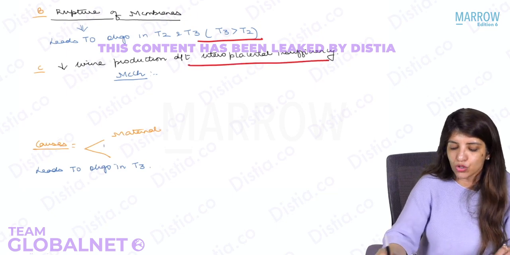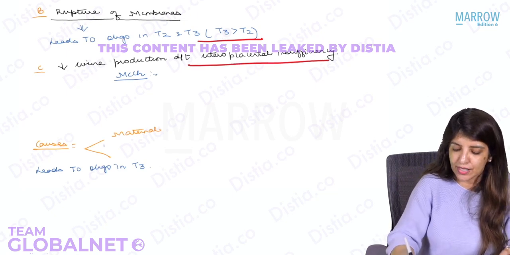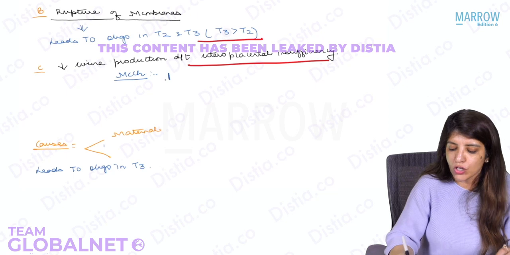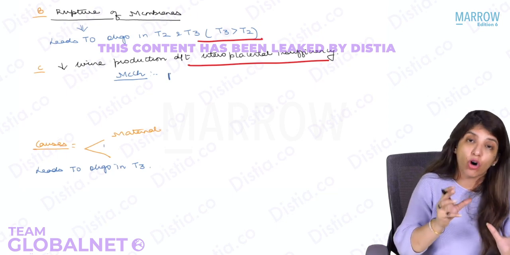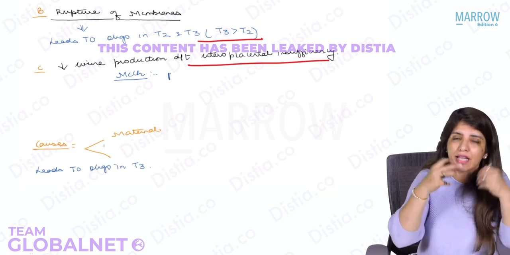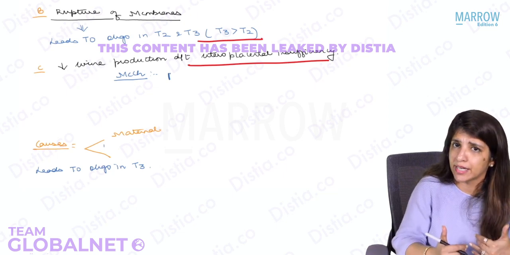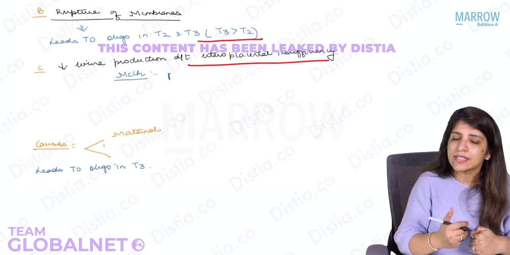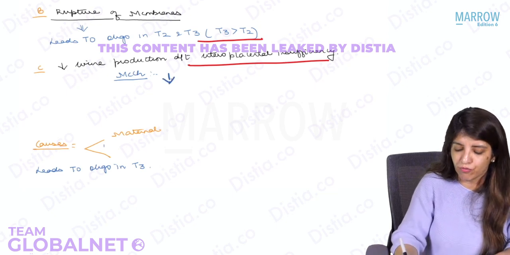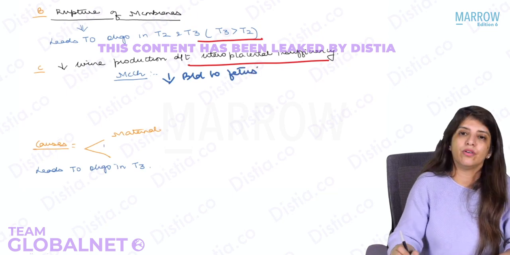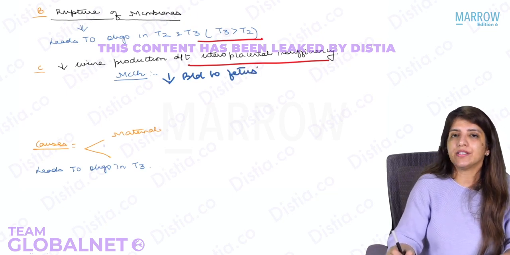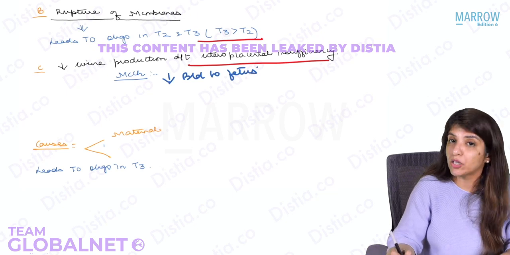Now, whenever there is uteroplacental insufficiency, that means the placenta is getting less blood. Now, if placenta is getting less blood, it is going to give decreased blood to the fetus. Right? So in uteroplacental insufficiency, there is going to be decreased blood to the fetus.